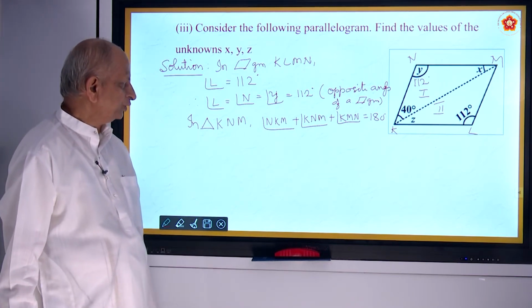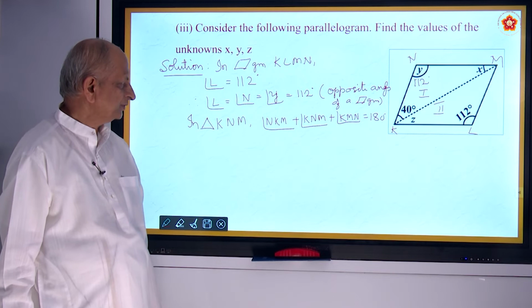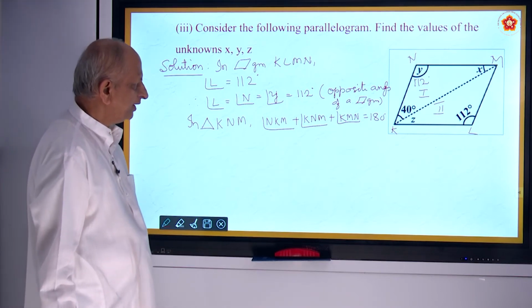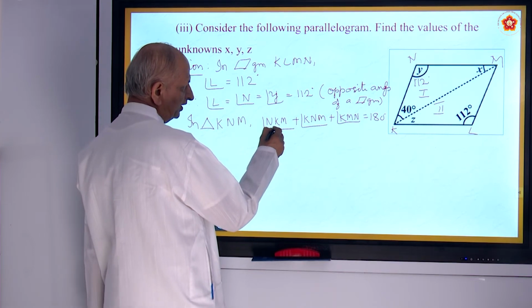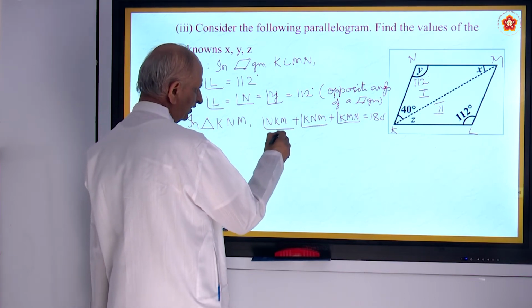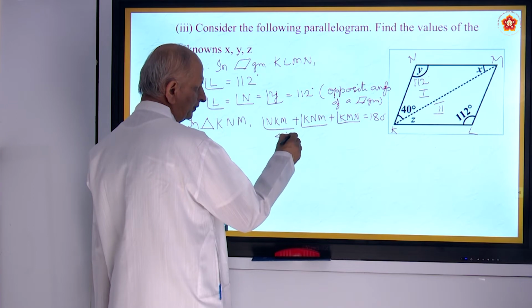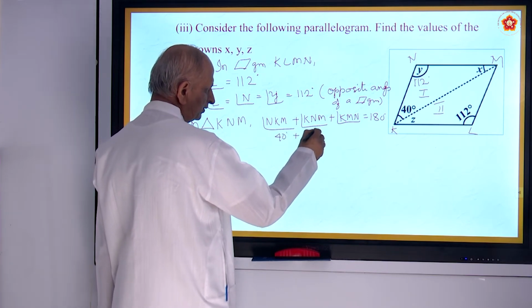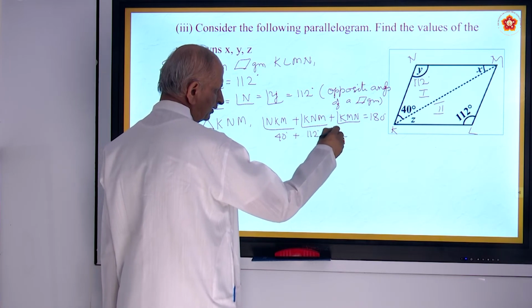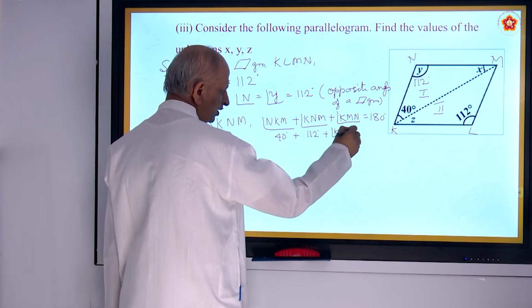In this we have found two angles, correct? So, what do we want now? We want KMN. So, we substitute. What is NKM? NKM is 40. What is KNM? That is y, 112. What is KMN? Do not know, write as it is.